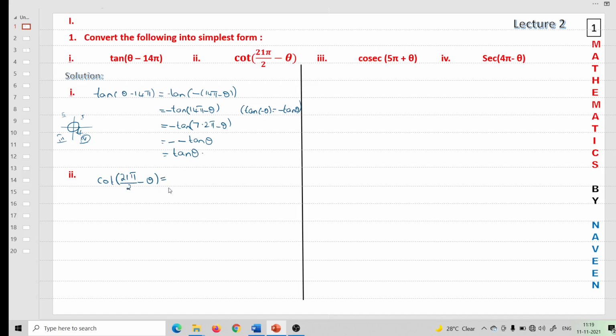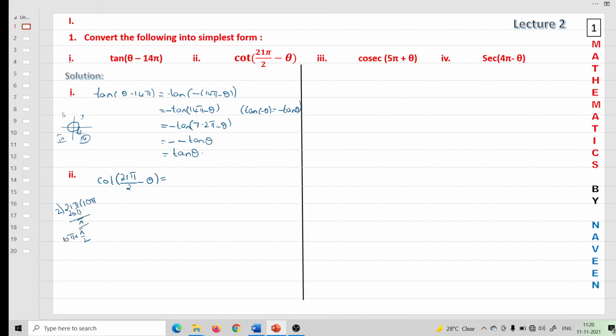It can be written as 21 pi by 2. I am writing it as 21 pi divided by 2. So 10 times, 10 pi, we get 20 pi and 1 pi is remaining here. So I am writing it as 10 pi plus pi by 2.